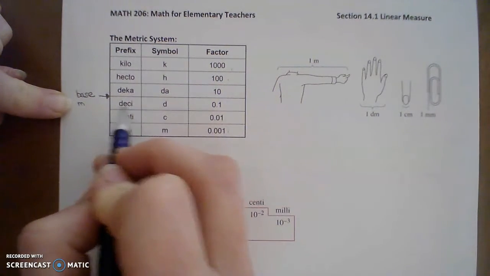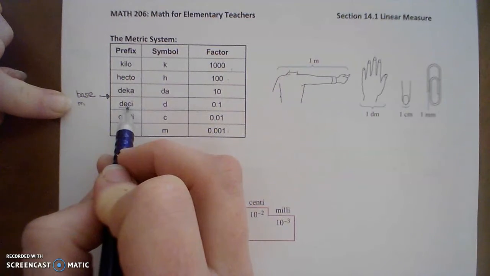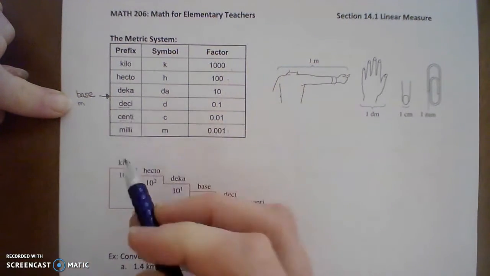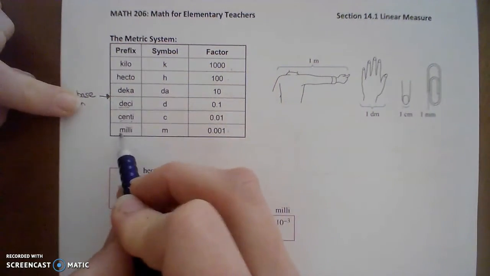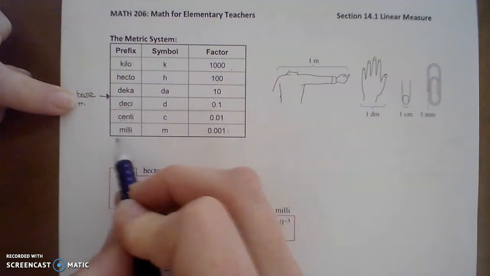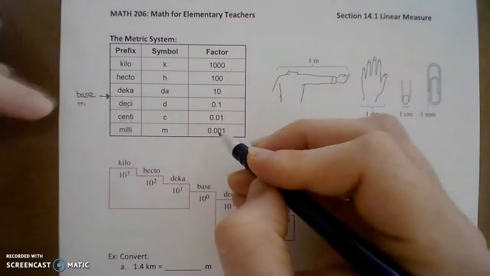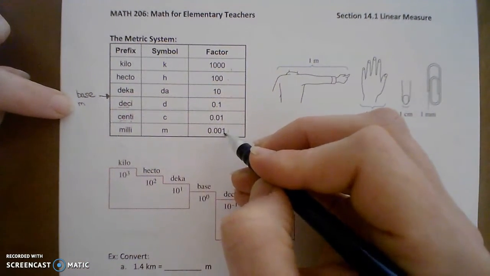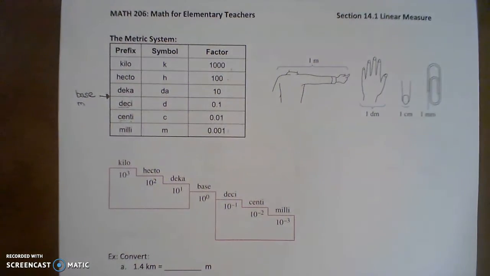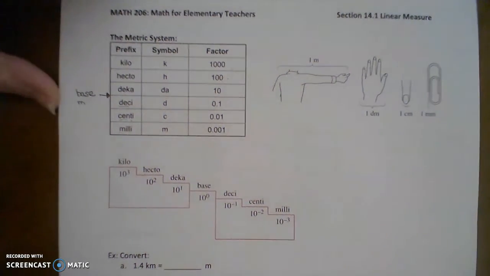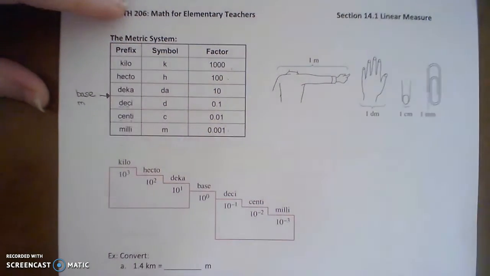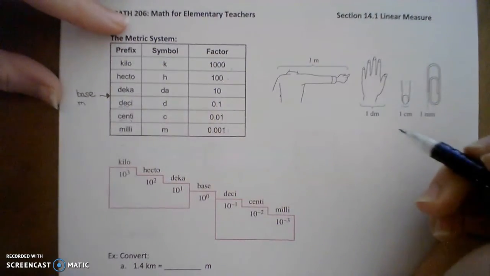And this root word dec means 10, like in our decimal system. Also, the word mill stands for 1,000. So 1,000th of a meter is a millimeter. So all of these prefixes should make sense. You've probably seen them before.